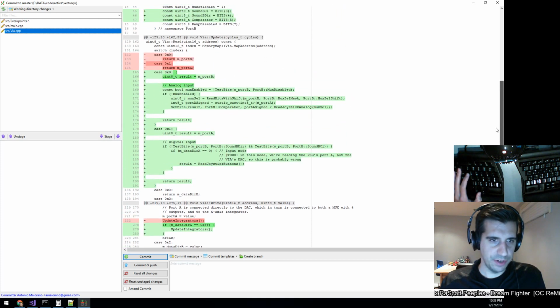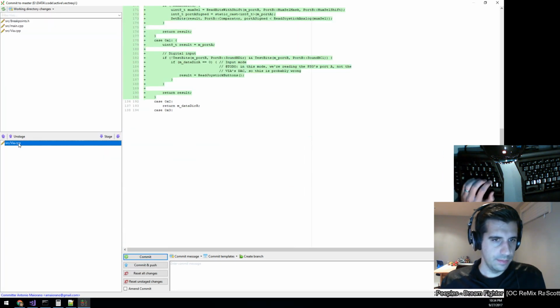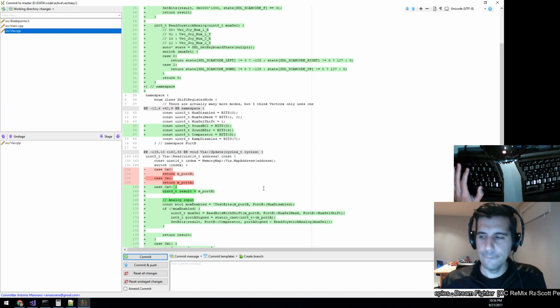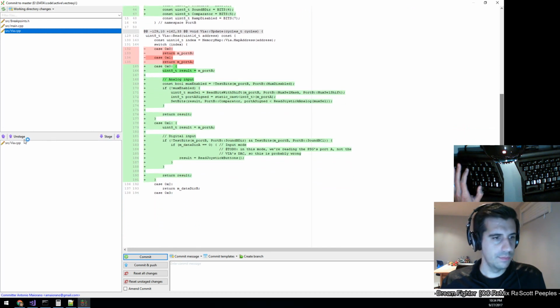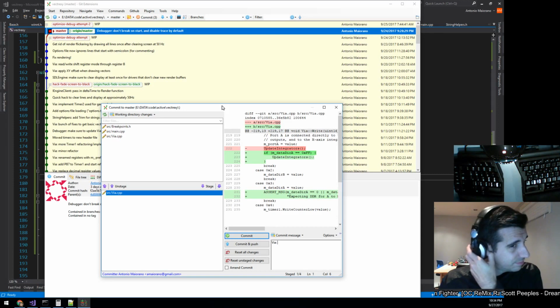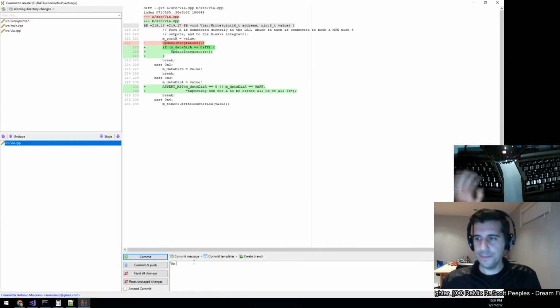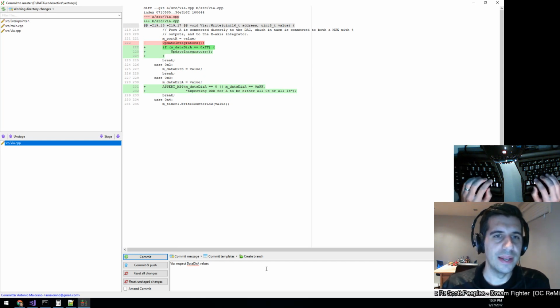Oh yeah, I did the data direction stuff here. Let's say via: implement or respect data direction A values.